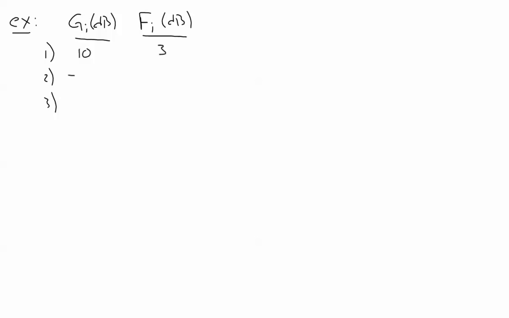This one's got a gain of minus 6 dB. It attenuates by a factor of 4. And it's got a noise figure of 6 dB. And I've got a final power amplifier with a gain of 40 dB and a noise figure of 5 dB. Convert all that to just ratios.